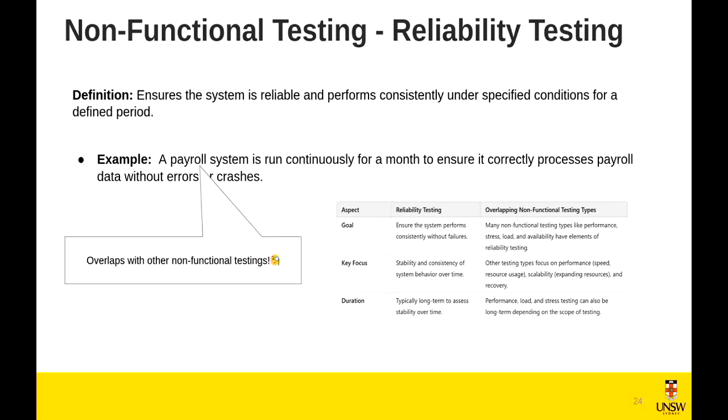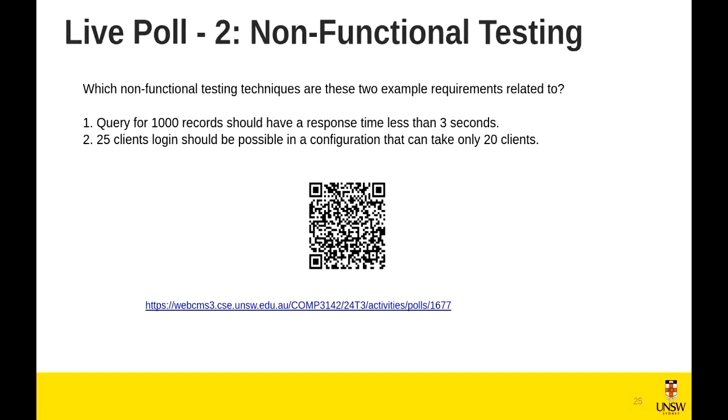So those are the concepts. To check if you have remembered what we have learned, let's think about these two examples. The first requirement describes that the system that accepts the query for 1,000 records should have a response time less than 3 seconds.